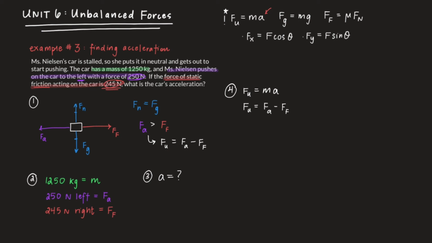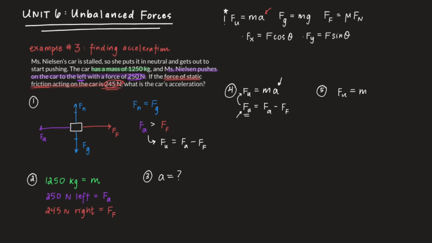Step 5, rearranging. We actually do need to rearrange. We won't need to rearrange that equation, but when we plug in the unbalanced force into our Fu equals ma, we will have to rearrange, okay? We want to solve eventually for acceleration. Like I said, we'll have the unbalanced force. We want to solve for acceleration.